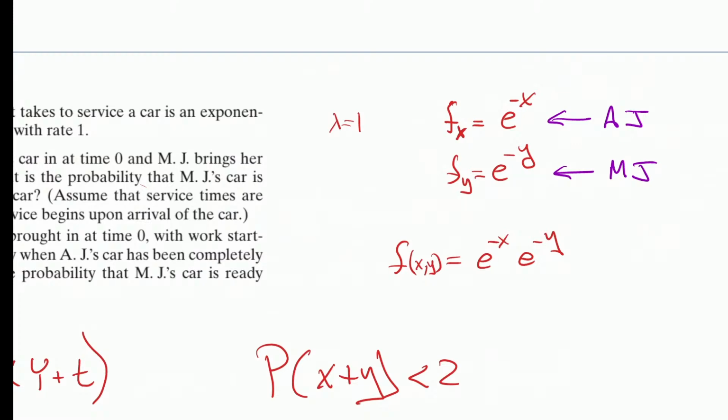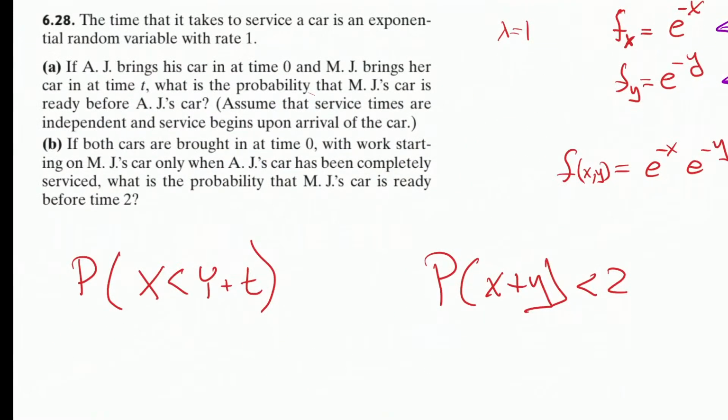So I didn't finish this, but I wanted to identify what we're going to be doing. The first question is, if AJ brings his car in at time 0, and MJ brings her car in at time t, we want to know the probability that MJ's car is ready before AJ's car.